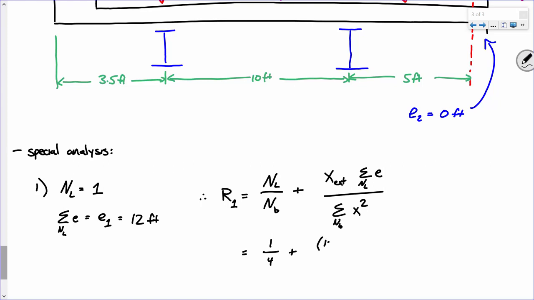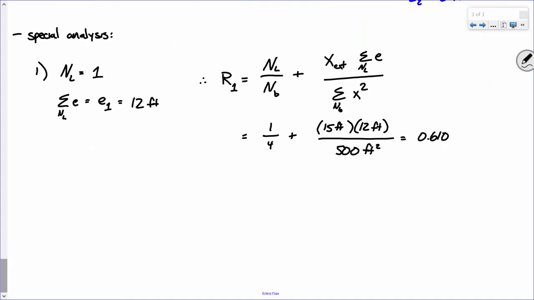What is that? 15 feet times 12 feet over 500 square feet. And that comes out to be what? 0.61. Now, is that my distribution factor? The answer is no.